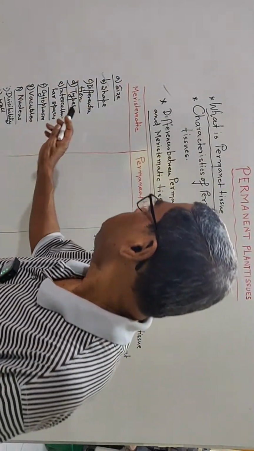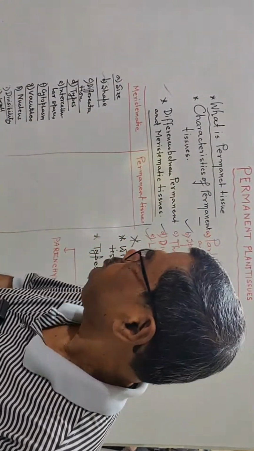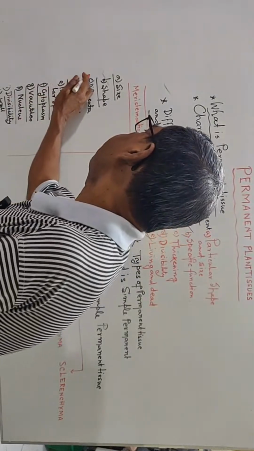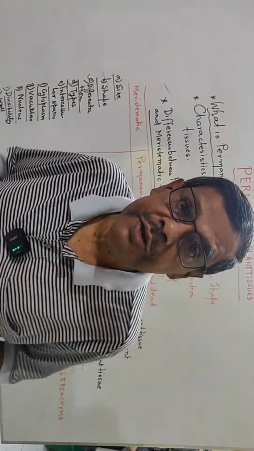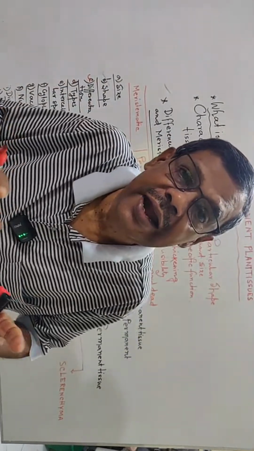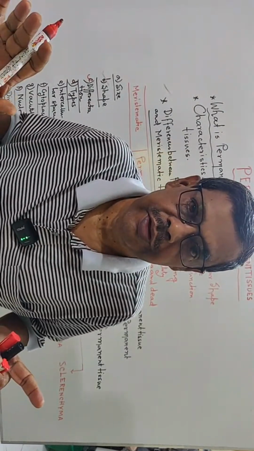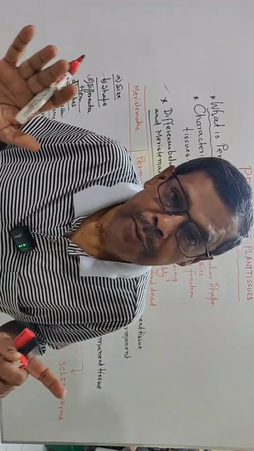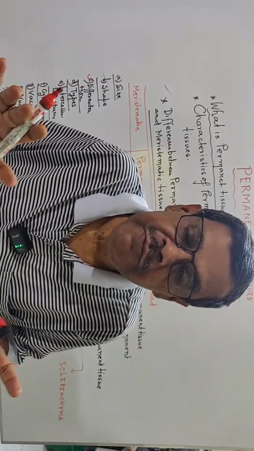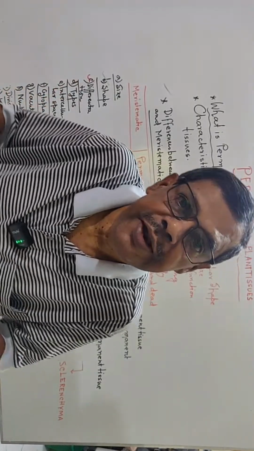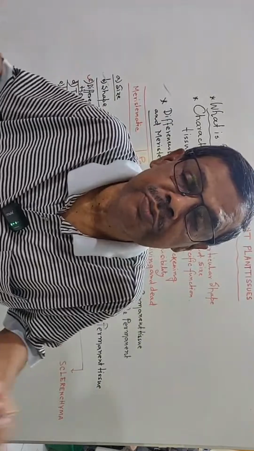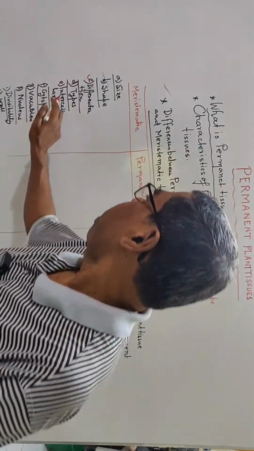Next, differentiation. Meristematic tissue is undifferentiated. But permanent tissue is differentiated into various types of cells. Next, types.